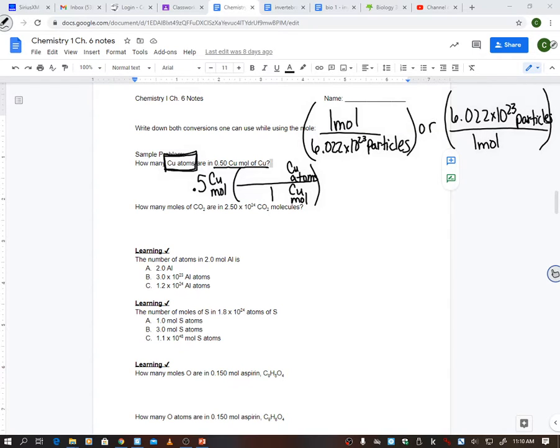Well, 1 mole is 6.022 times 10 to the 23rd. So when I take 0.5 and multiply it by 6.022 times 10 to the 23rd, that is 3 times 10 to the 23rd atoms of copper, because those have canceled out.